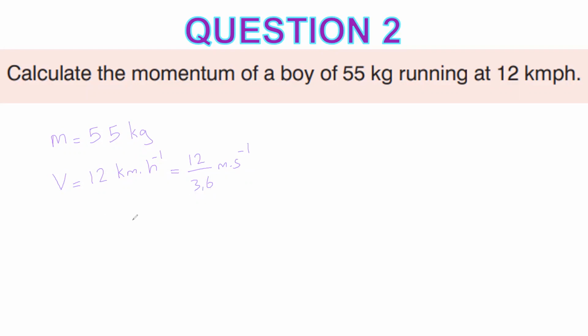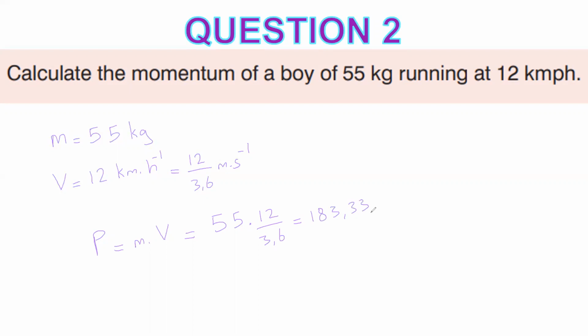So from now, what are we going to do? Calculating momentum. P is equal to m times v. M is 55 kg. We are using 55 times 12 over 3.6. When you calculate it, you get 183.333.